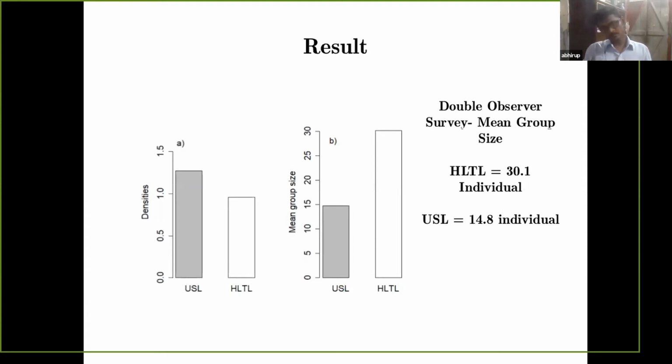Whereas in USL we have more herds, but the number of individuals in the herd is much lower than in HLTL. That also gives us insight into how the populations are structured, where you could say USL are clumped, whereas HLTL are congregated.